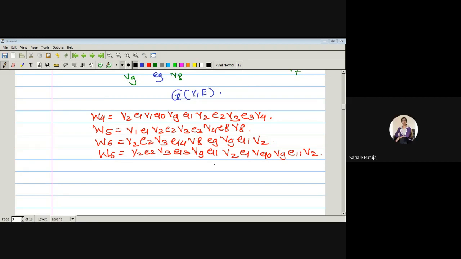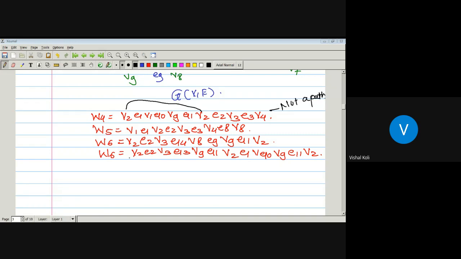What is a path? A path has no vertex repeated. Here vertex V2 is repeated. So this one is not a path.